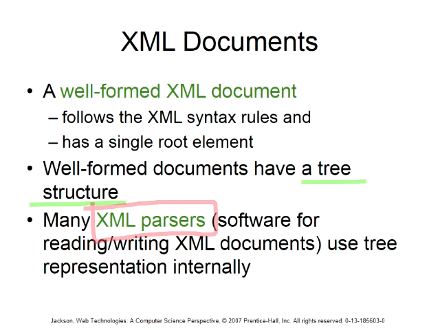For example, an XML parser can give us the number of children of a specific tag, can give us also the number of tags, for example name, the number of tags first name, can for example modify the value of the tag first name of another specific tag to another value, etc. Here when we talk about a parser, it is software, it is a program, and this program is to read and write XML documents.